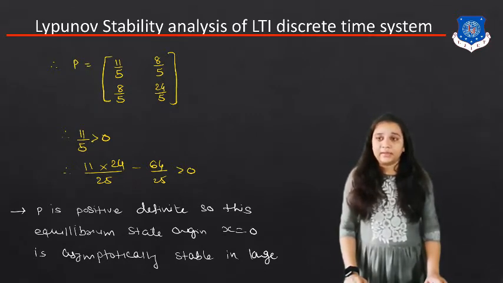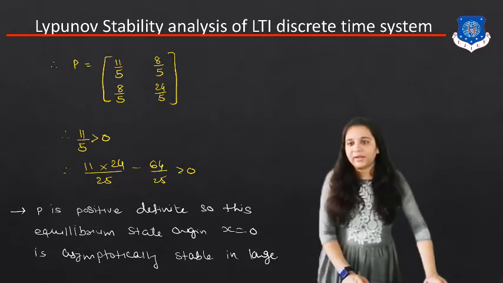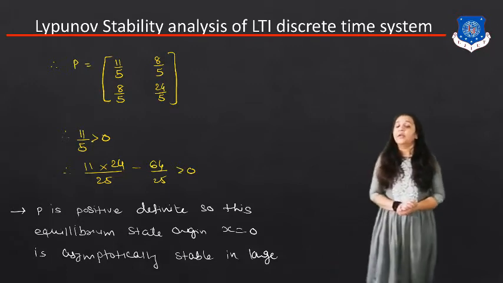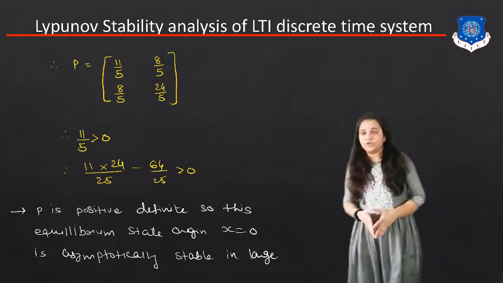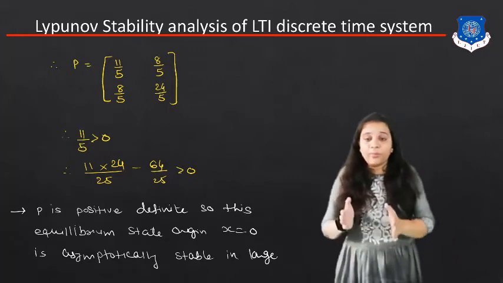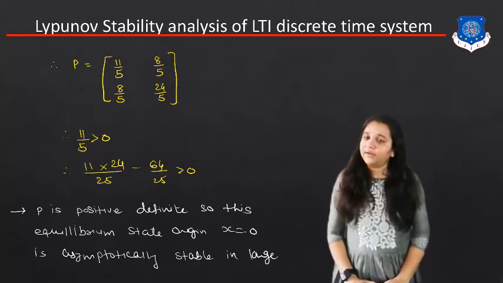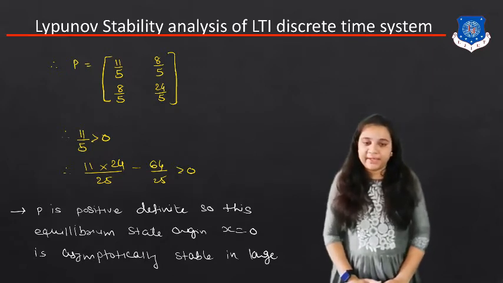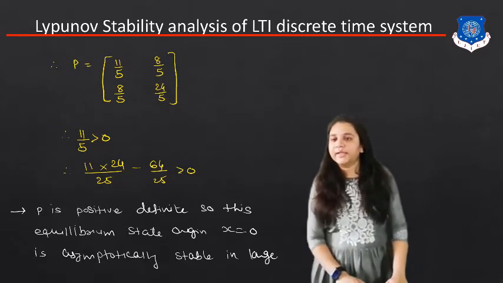So we get the P matrix in this manner: 11 by 5, 8 by 5, 8 by 5 and 24 by 5. We have to apply the principal minors test. First of all, we check the mod of P11 greater than 0. Here, mod of 11 by 5 is greater than 0.